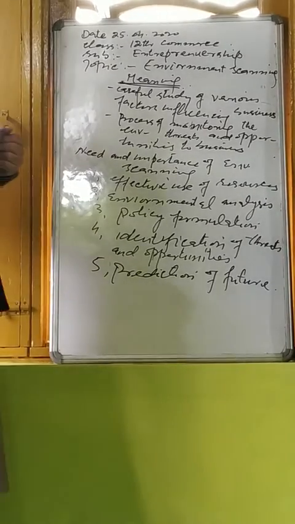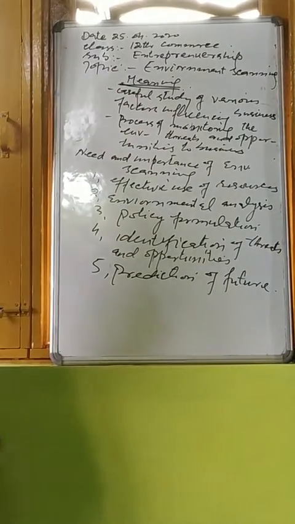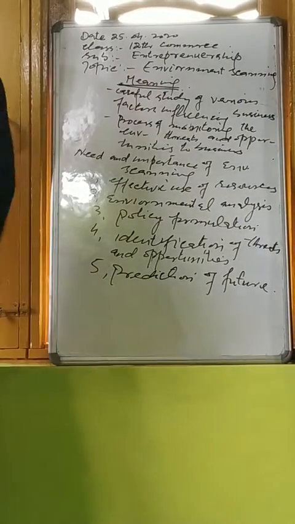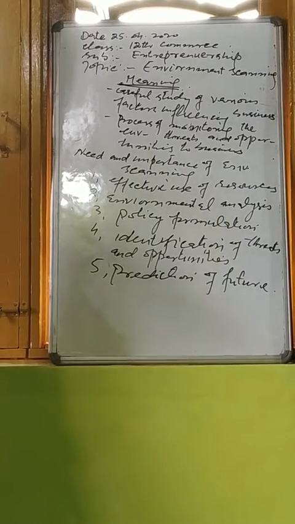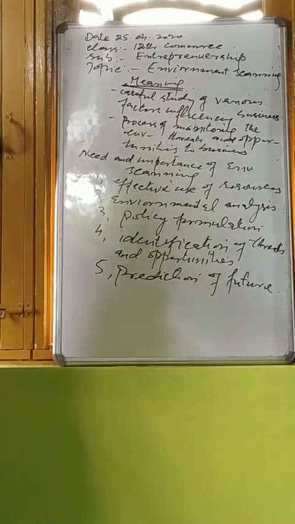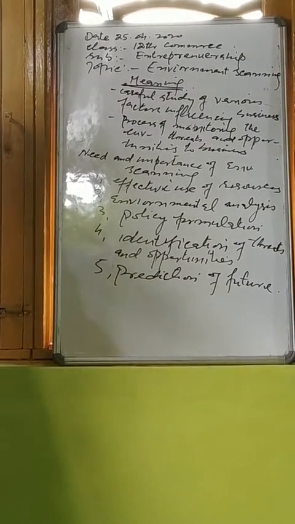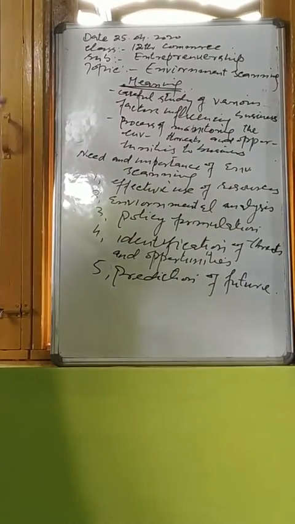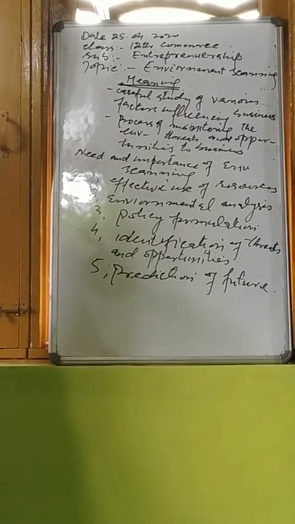So the entrepreneur, before setting up an enterprise, has to thoroughly see whether these facilities are available in a particular area where he is going to set up his business or not. If the environment is conducive, then he may think of setting up the enterprise in that particular environment. If these facilities are not available, then there is no business opportunity or no opportunity of setting up an enterprise.